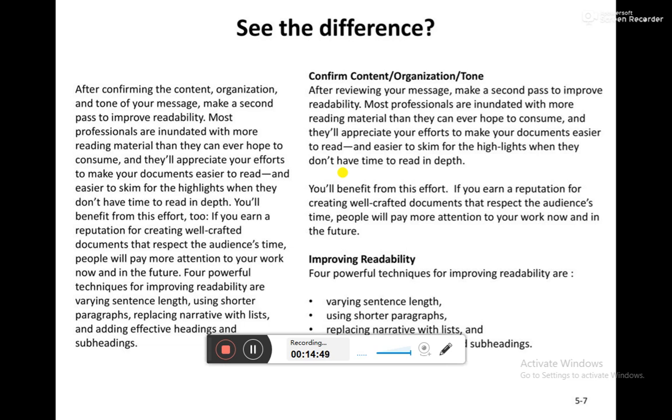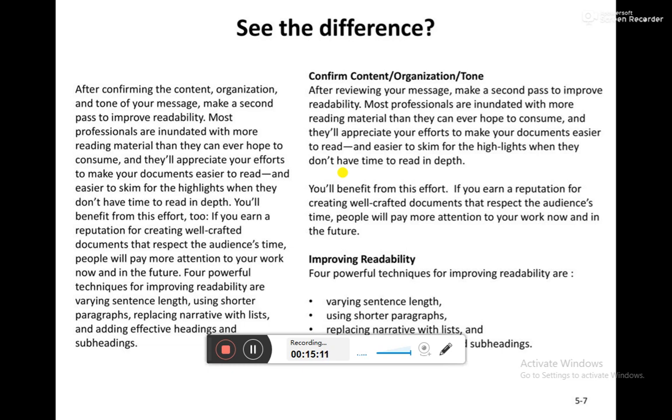Four powerful techniques for improving readability are varying sentence length, using shorter paragraphs, replacing narrative with lists, and adding effective headings and subheadings.